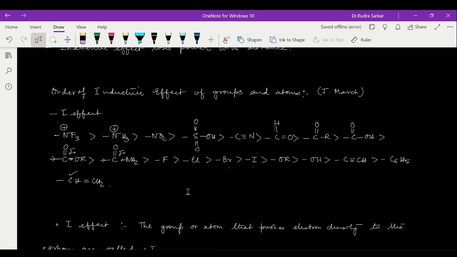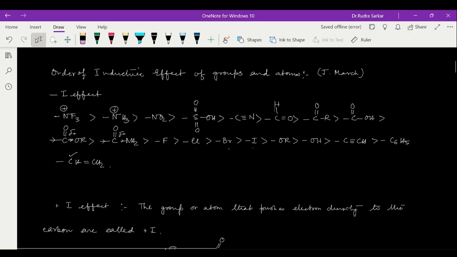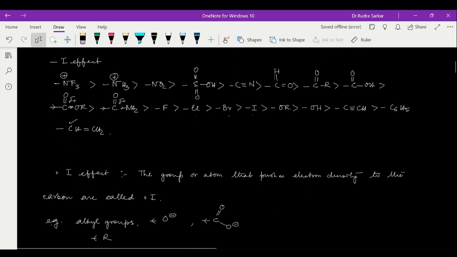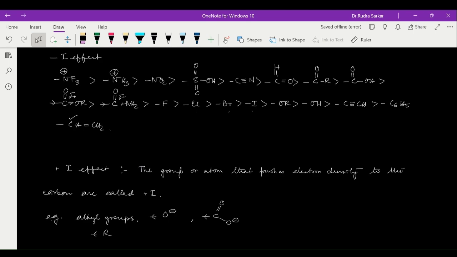So you have to develop a sense like this now. What about OR and OH? OR over here, we are considering that the carbon is more electron withdrawing than the H. But this is again something to do with data.